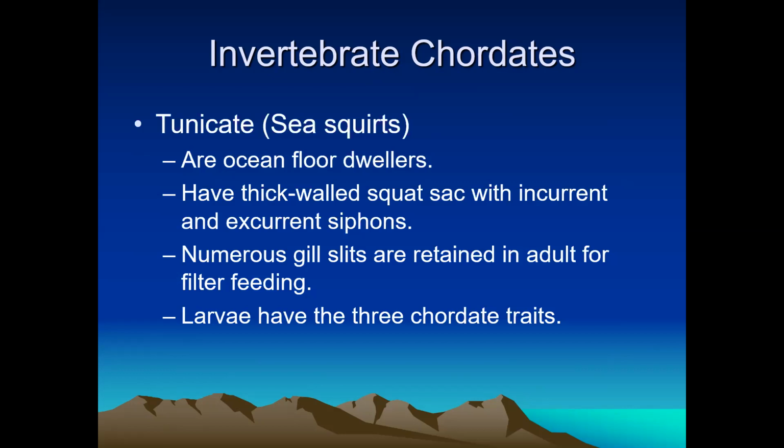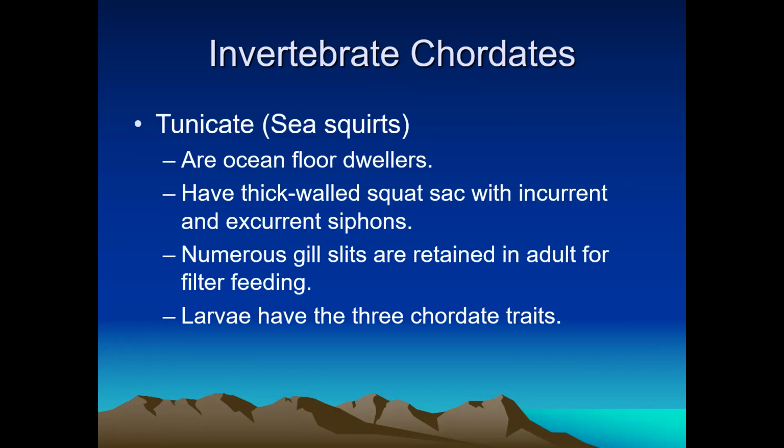I'll tell you, what the adults of these remind me more of is our sponge. Go back to our Porifera, which I think had incurrent and excurrent siphons as well. It just sits there and feeds, but instead of through pores, it's gill slits that filter food out of the water. So as an adult, this thing doesn't at all look like it belongs in this category.